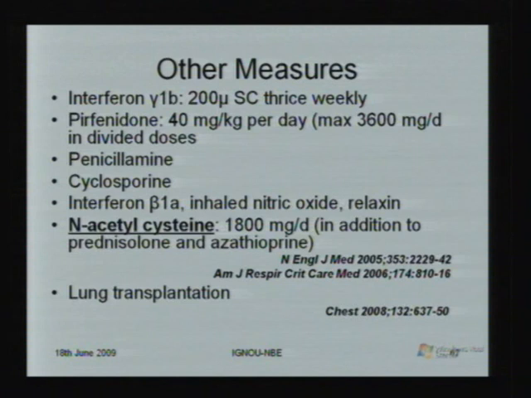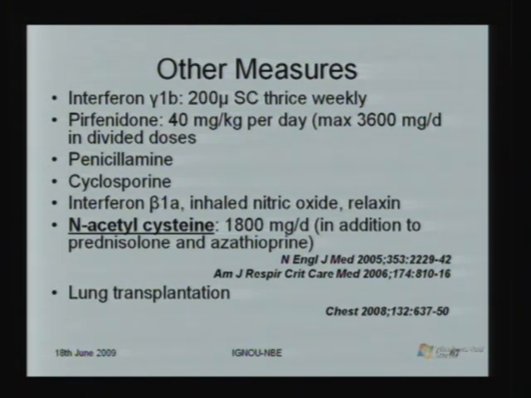Now, I would like to mention N-acetylcysteine, which, after the trials reported in 2005-2006, in a dose of 1800 milligrams per day, in addition to prednisolone and azathioprine, not only reduced the myelotoxicity associated with the cytotoxic drugs, but also improved the physiological parameters that have been measured, like an increase in the FVC by 9% and an increase in the DLCO by as much as 24%.